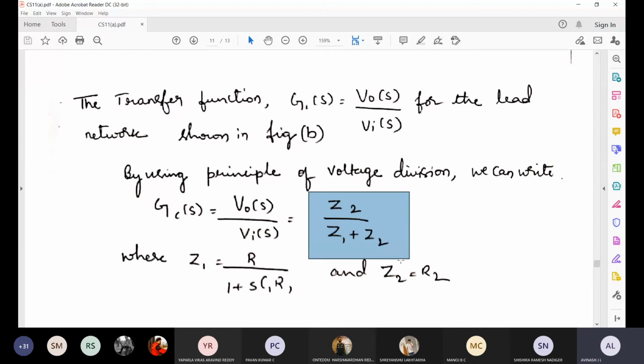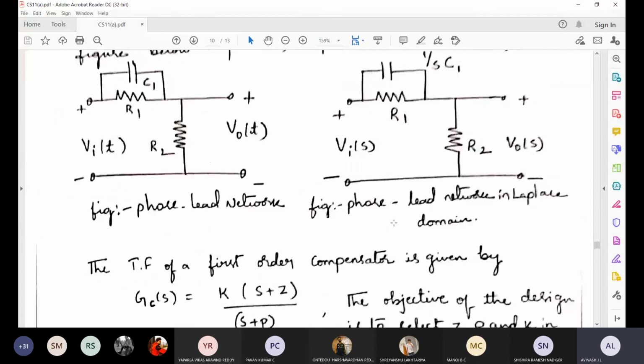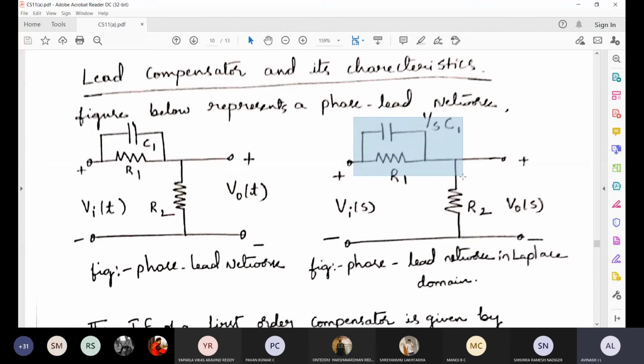Here R2 will be equal to Z2, and Z1 is R1 divided by 1 plus S into C1 into R1. They have taken the equivalent resistance between the nodes of two elements, so two impedances are taken.